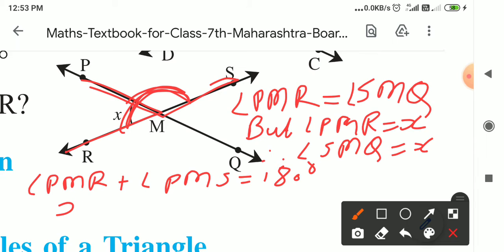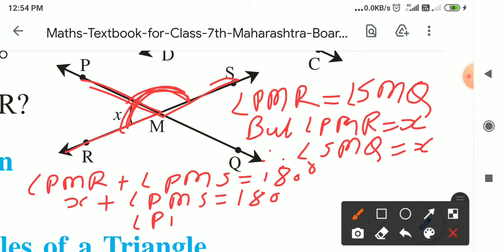PMR is X, plus angle PMS is equal to 180 degrees. So here you can find PMS is equal to 180 minus X. After writing this, all of you note down this first, then I will tell you the next step.